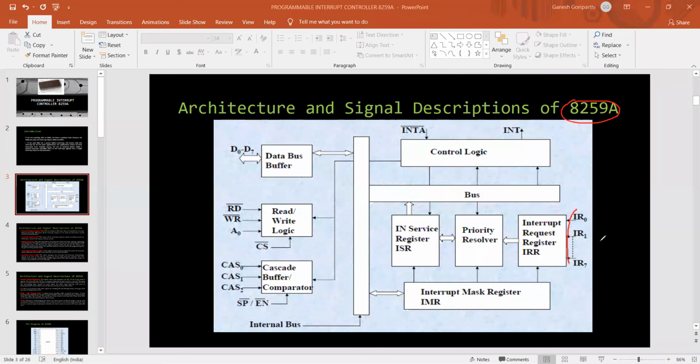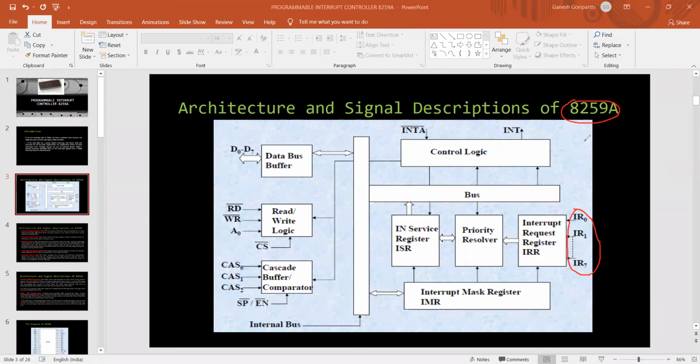Only 7 interrupt requests can be handled by a single 8259. That means when you have 7 peripheral devices connected, and those peripheral devices send the interrupt request, then all those requests can be handled by a single 8259.